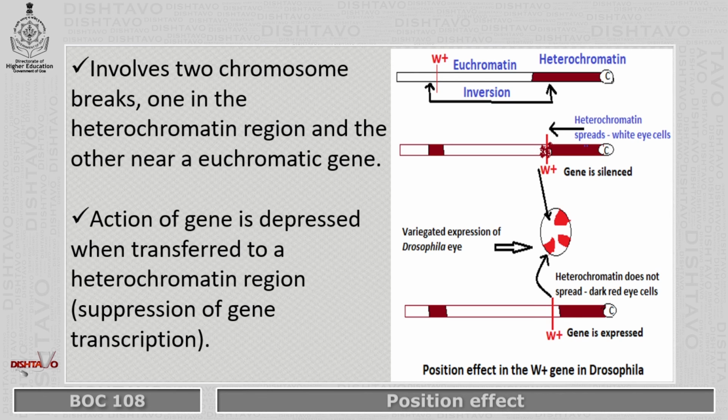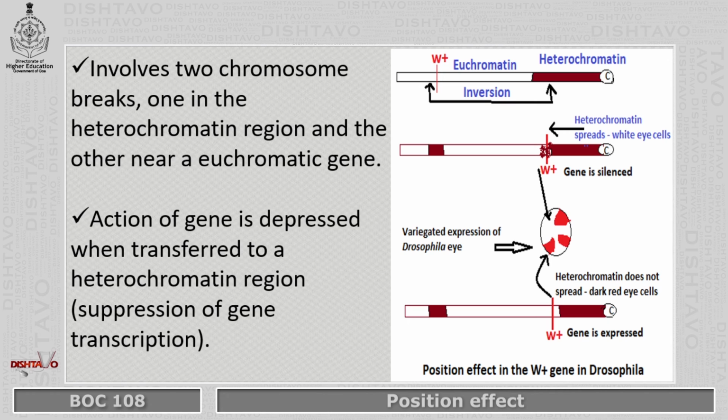The W+ gene makes a product that is necessary for the deposition of eye pigments. When this gene functions normally, it results in the normal dark red eye of the fruit flies. But if it is inactive, then the fly's eye is white.